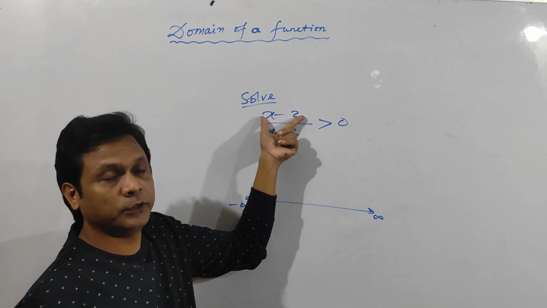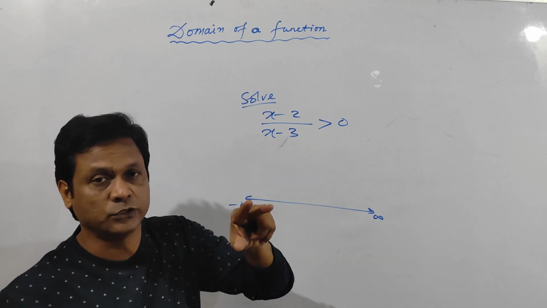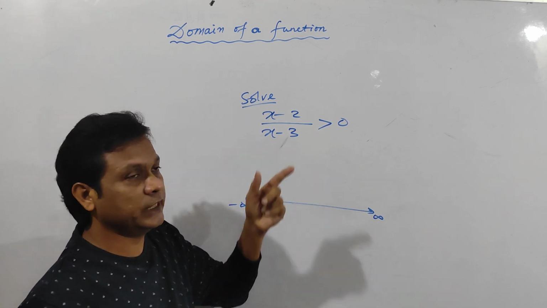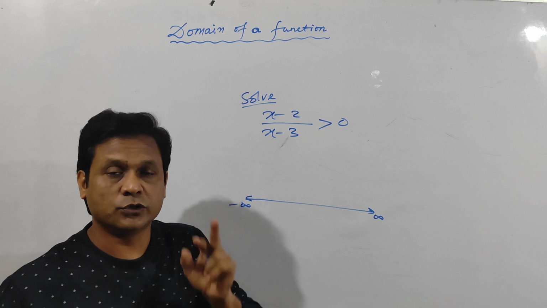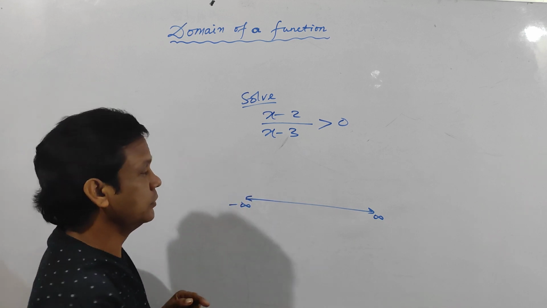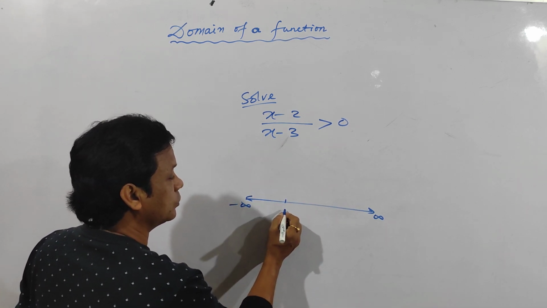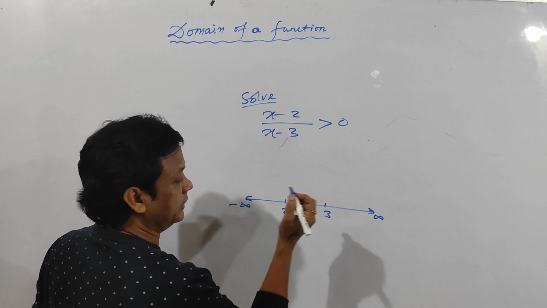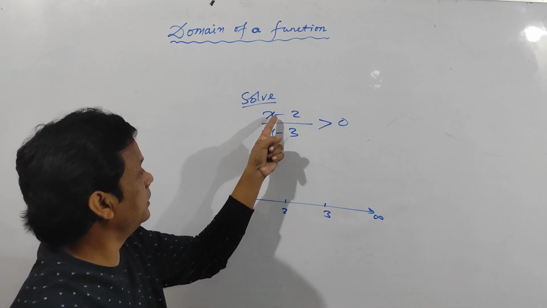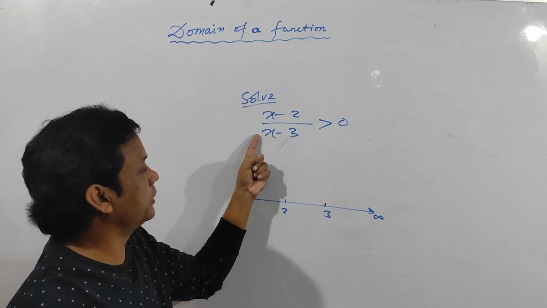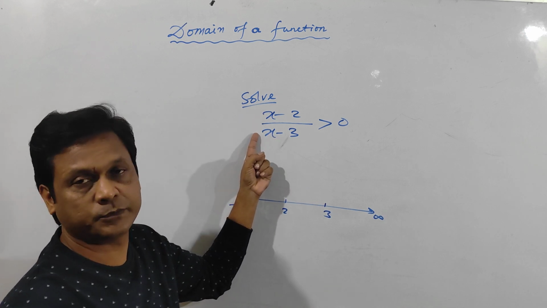So numerator, that means x minus 2 equal to 0, so x is equal to 2. x minus 3 equal to 0, x is equal to 3. So 2 and 3 are the critical points. Since 2 is less than 3, you should write 2 here and 3 here. Here the coefficient of x is positive, here the coefficient of x is positive, so positive by positive is positive.